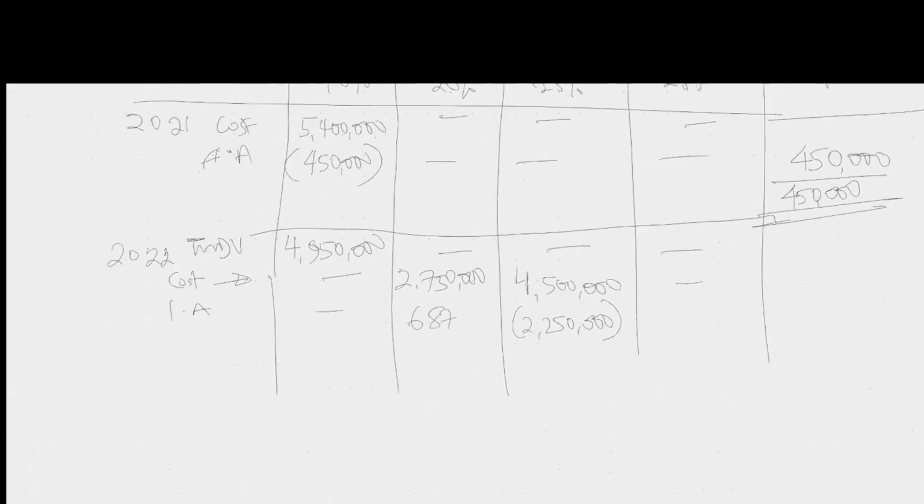Add the two together. What do you have? This and this. We have 2,937,500. Good.